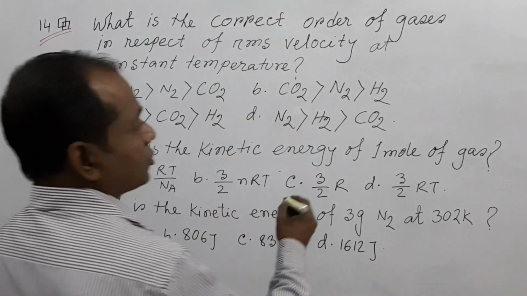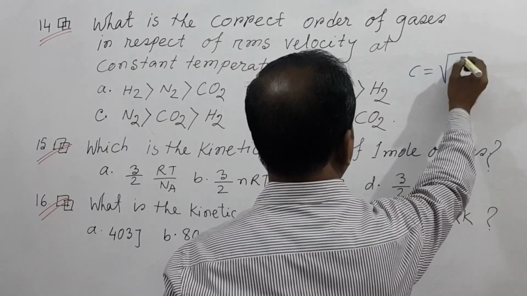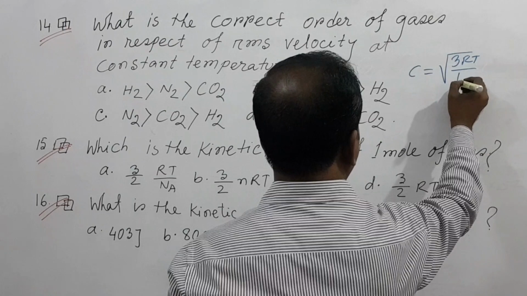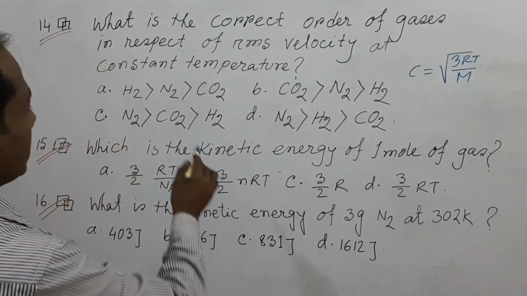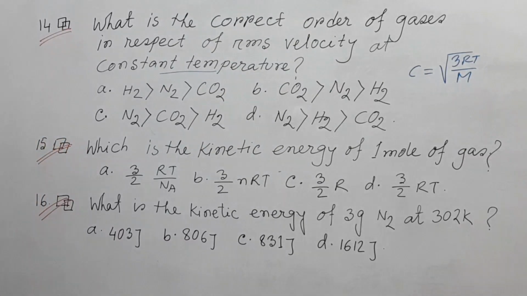Okay, my dear students, we know that RMS velocity C equal to root over 3RT by M. Here, given the temperature is constant, so for this case RMS velocity is inversely proportional to the square root of molecular mass. That means if the molecular mass is small, then the RMS velocity is higher.